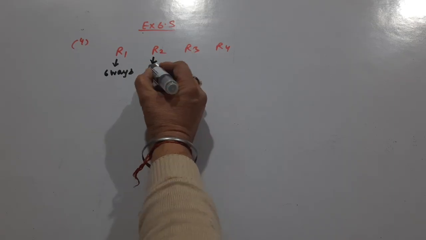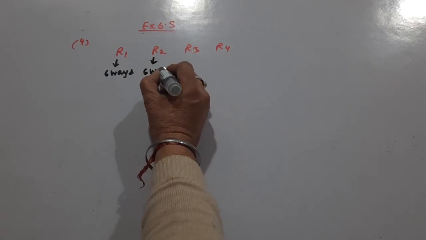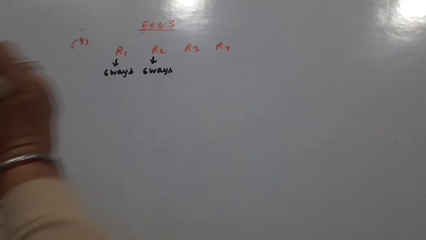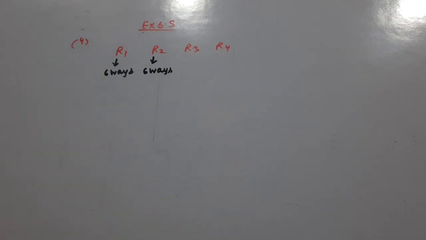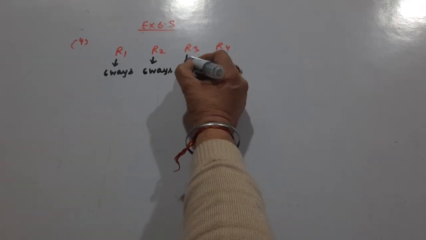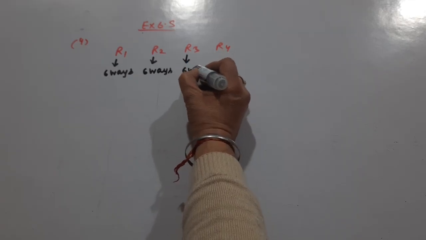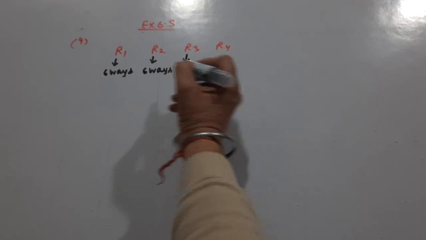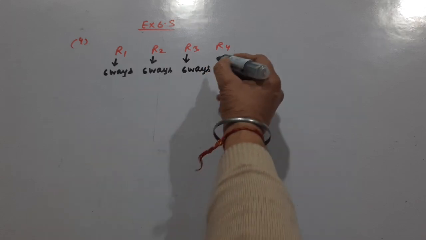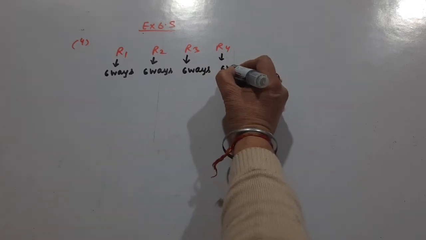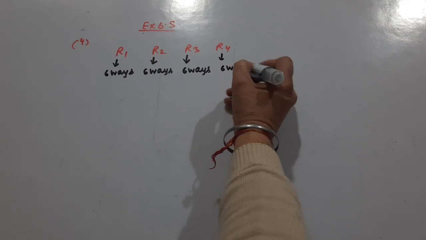Similarly, R2 can be filled up in six ways by any one of the six letters. Similarly, ring R3 can be filled up in six ways by any one of the six letters, and R4 can be filled up by any one of the six letters.